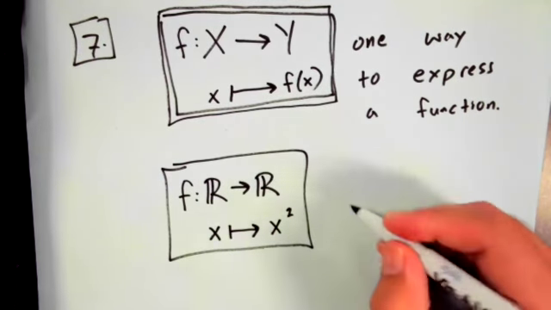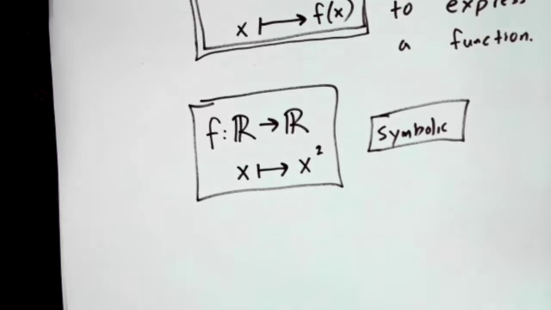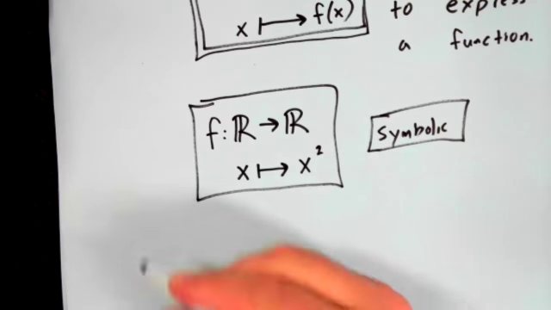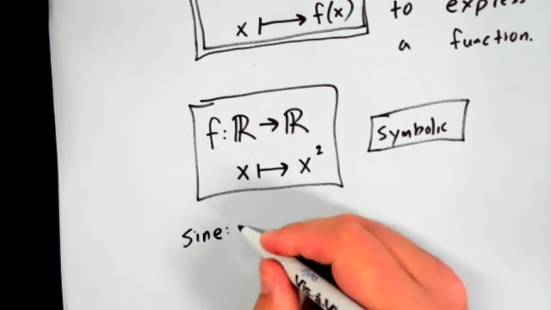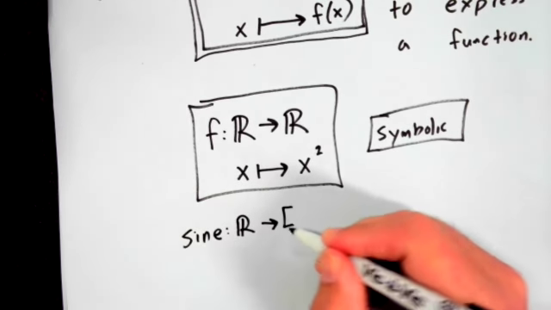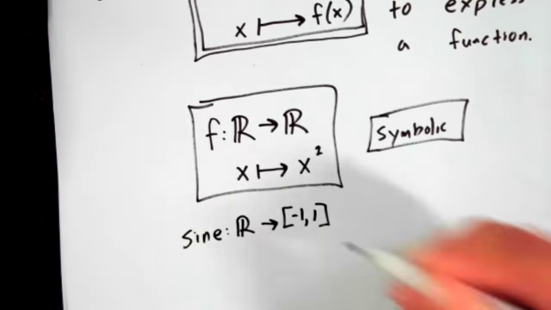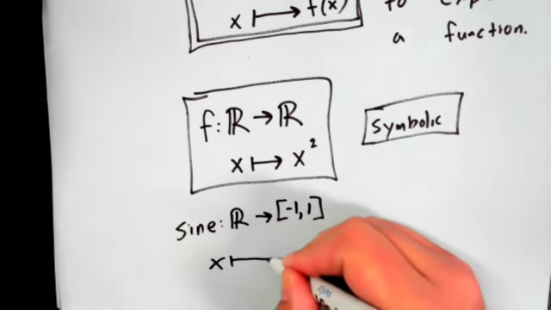This is a highly symbolic way. Awesome when you have these symbolic operators. Something that you really need to wrestle with is the fact that human beings make up functions, and someday you will make up functions. So let's think about sine. From the real numbers to the interval [-1, 1], x maps to what?